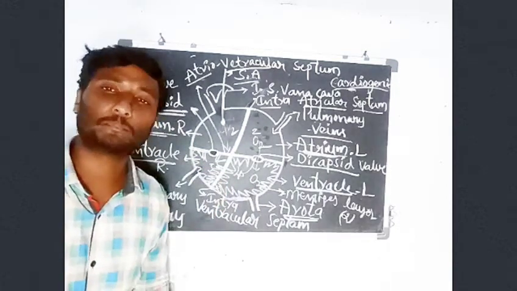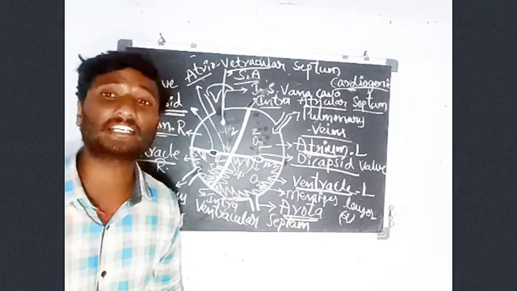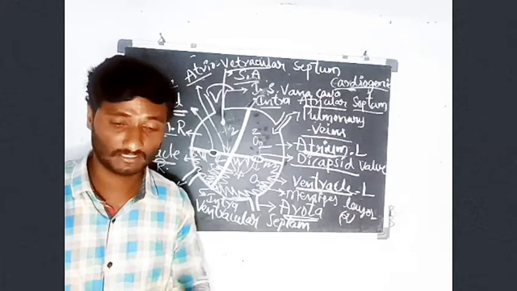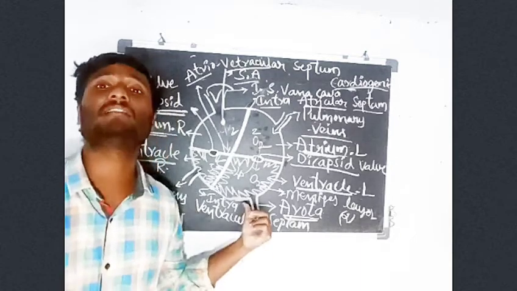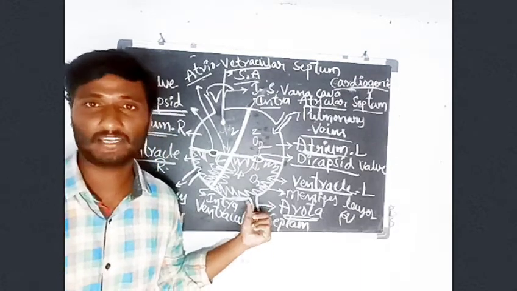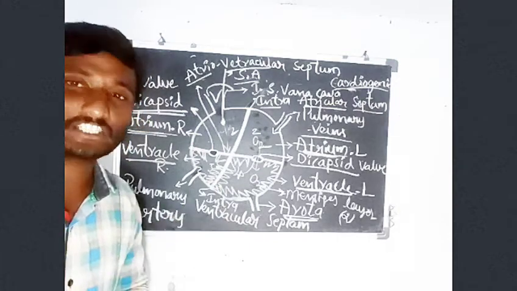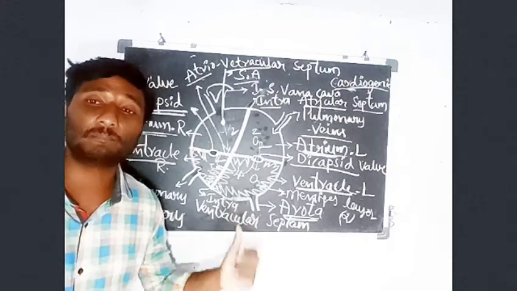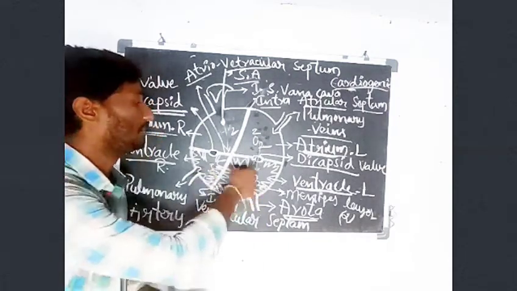The microvilli-like projections are helpful in spreading electric waves in the ventricles. That name is called Purkinje fibers. The Purkinje fibers are helpful in spreading electric waves in the chambers.